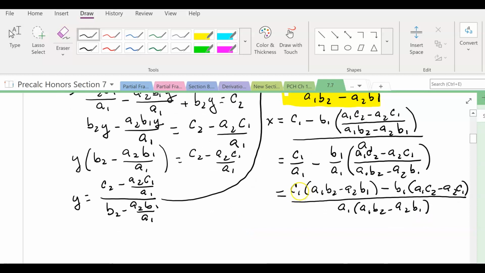Next, I'm going to distribute everything in the numerator here.